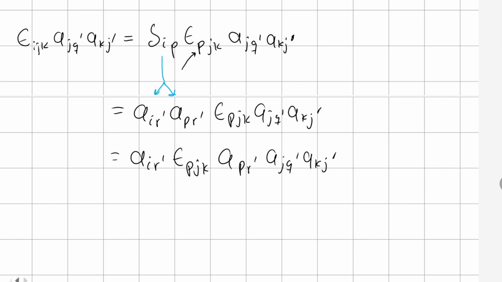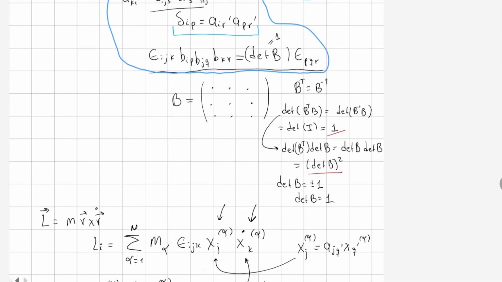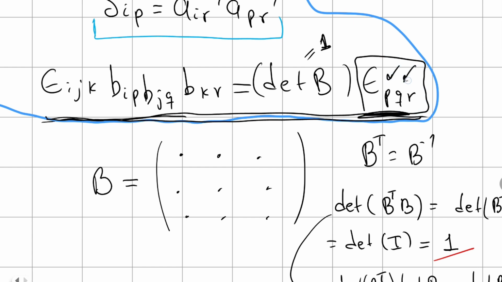Now notice that we have a triple product of elements of a matrix A multiplying a Levi-Civita ε_PJK. It is very similar to the relation we have been talking about. Again, since A is an orthogonal matrix, we take the determinant of A equal to 1. That means the product can be expressed as only a Levi-Civita symbol, but with the other indices.